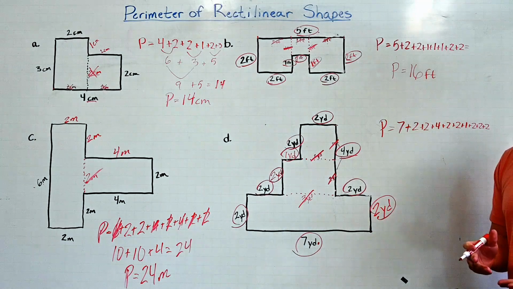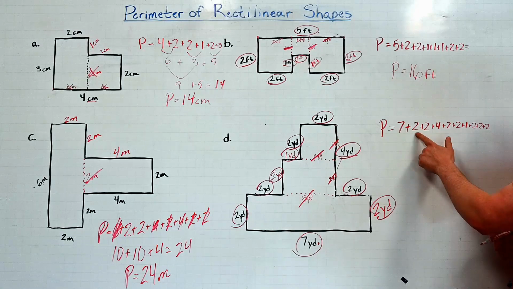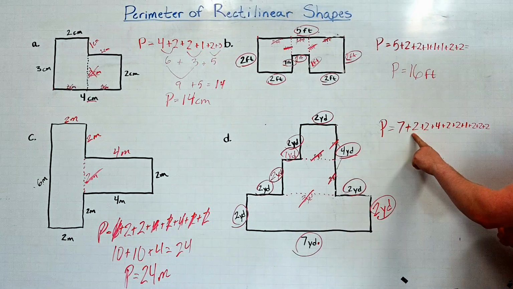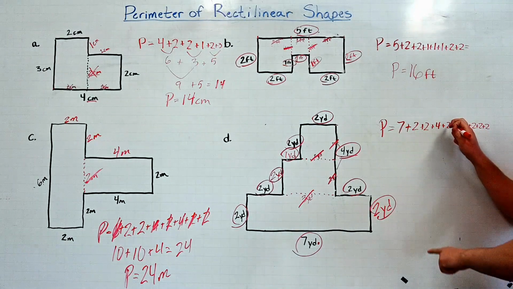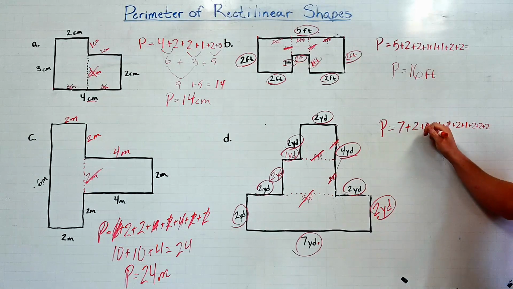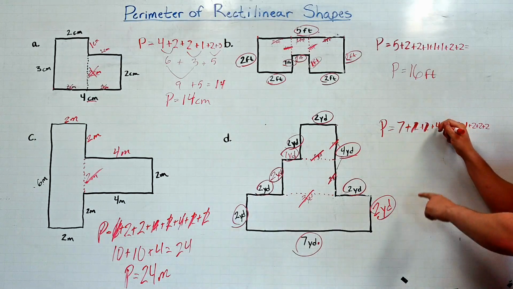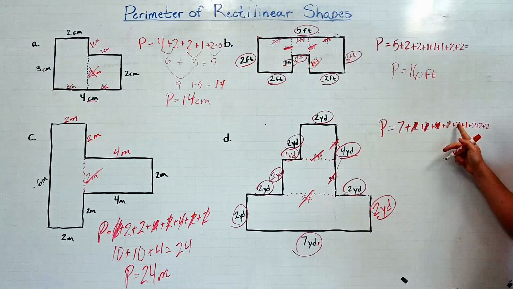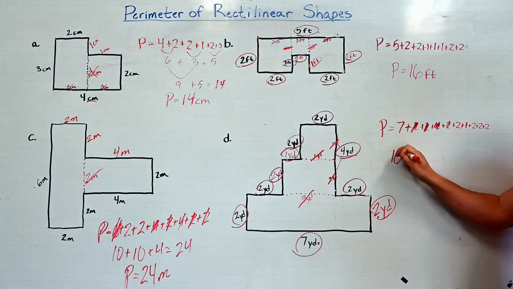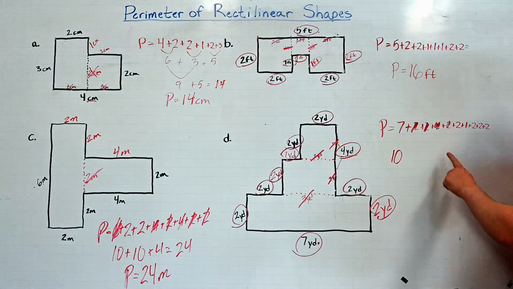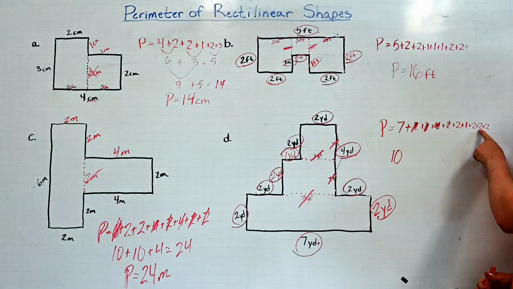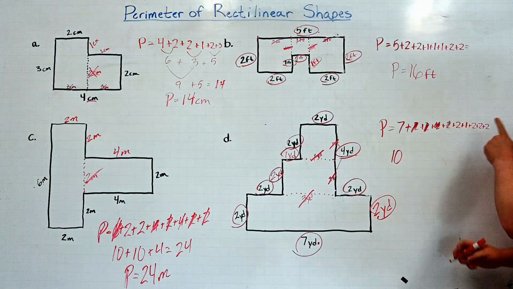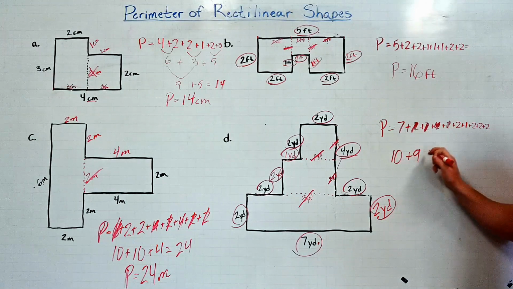Again, let's think of things that make 10. So I know that 3 2s, 2, 4, 6, those make 6, and I see a 4 that I can pair that 6 with. So 2, 4, 6 plus 4 more make a 10. And then I see a 2, 4, 6, 8, 9. So I can add those up.